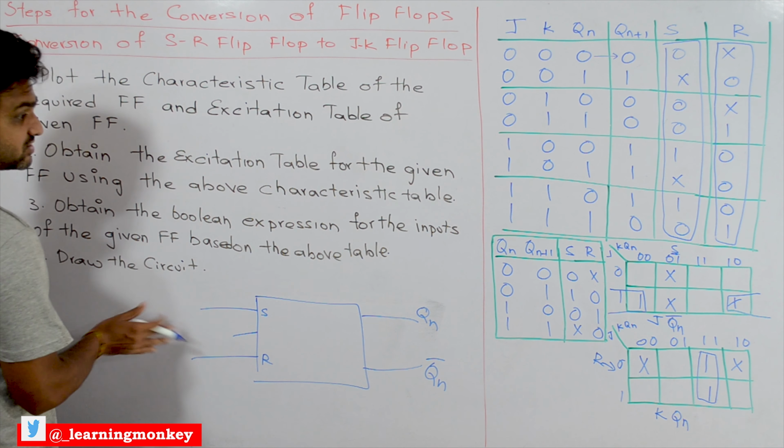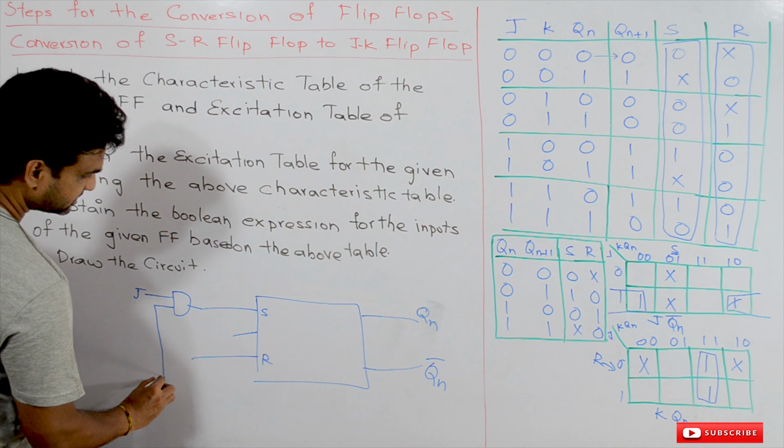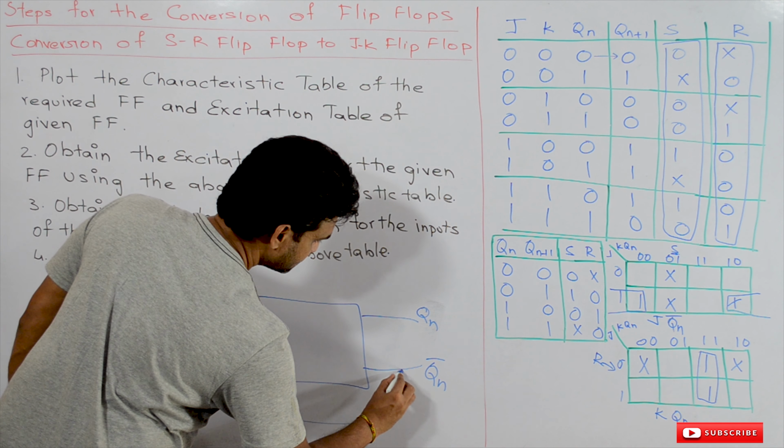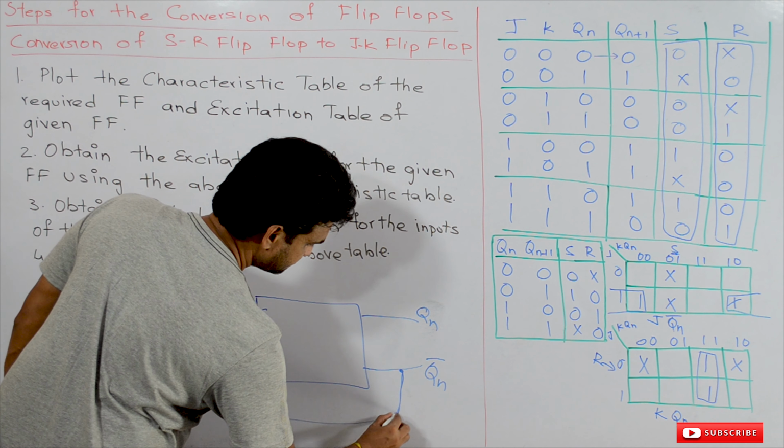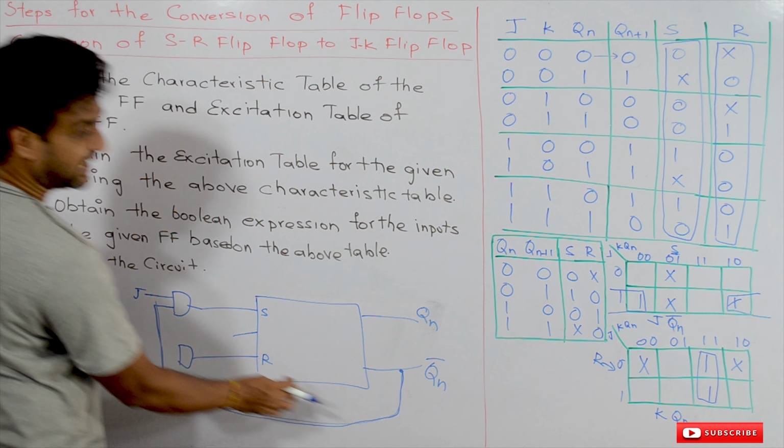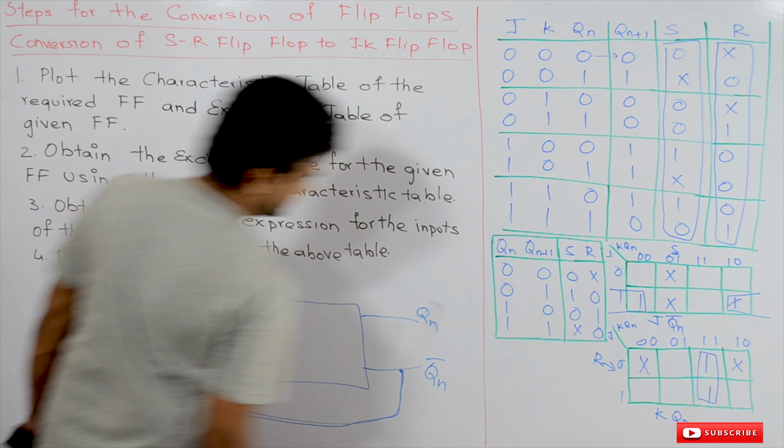Now how to do that: two AND gates are to be taken. The first one is for S, it is J and QN bar. So it is J, and this input is going to be the QN bar. Similarly, for R, it is K and QN.